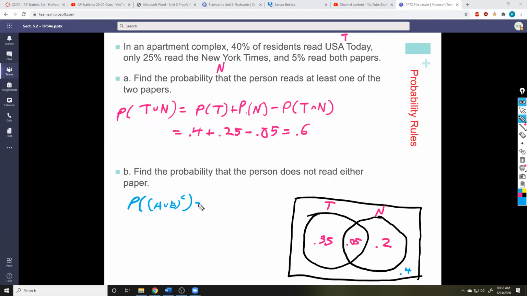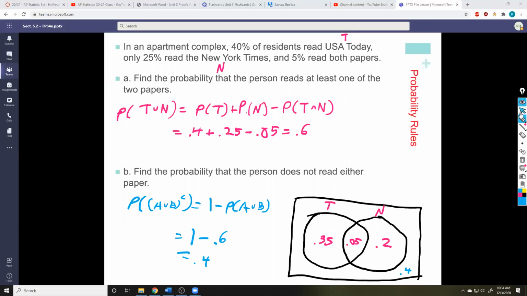Neither would be A or B complement, which means that it's 1 minus the probability of A or B. So the probability of neither is 1 minus the probability of either, 0.4.